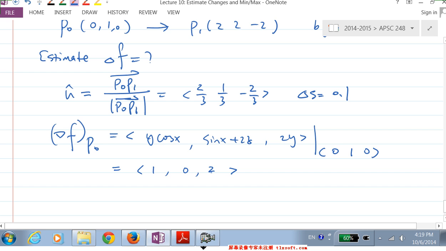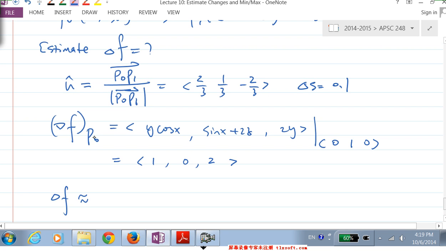Yeah, 1, 0, 2. That makes sense? Then the delta F is approximately this quantity, 1, 0, 2, dot U hat, dot this, times delta S times 0.1.